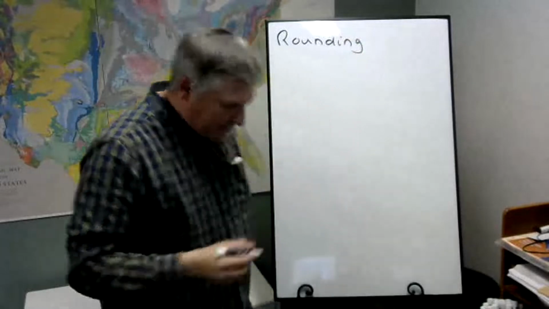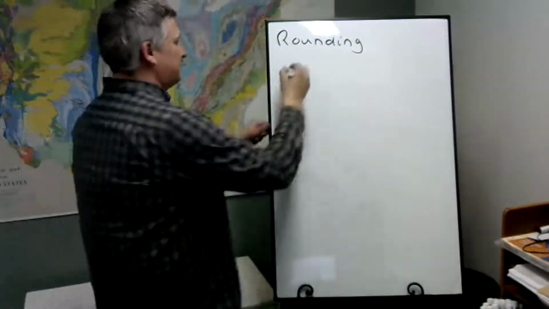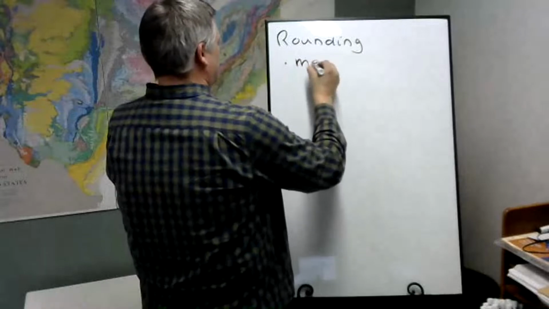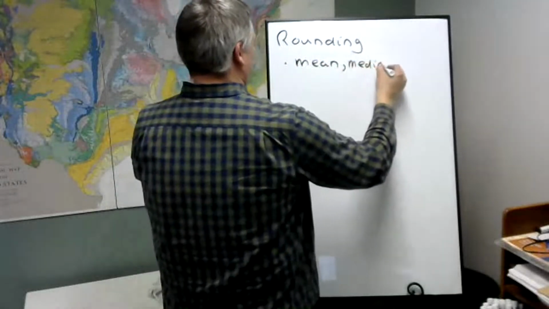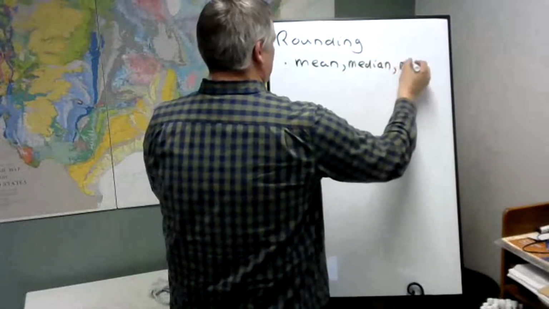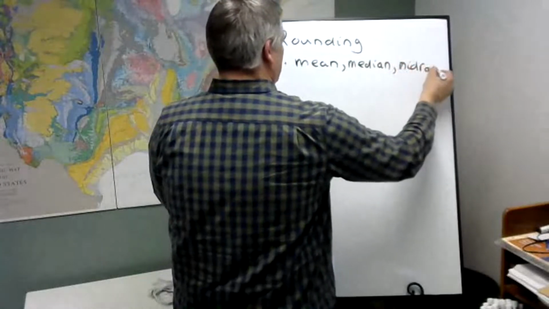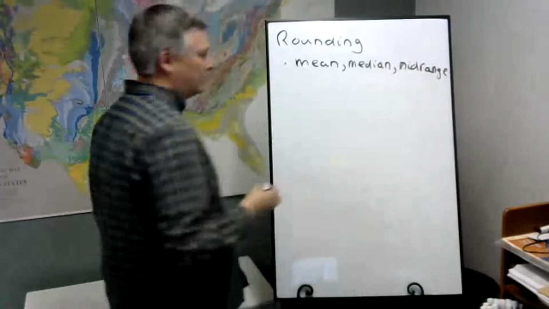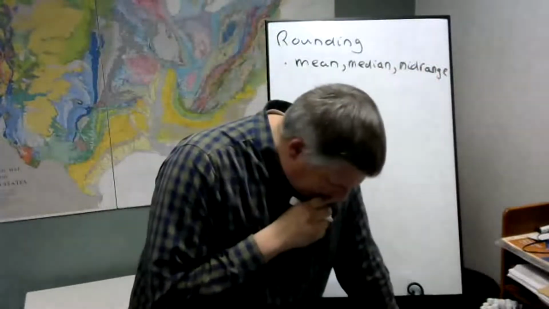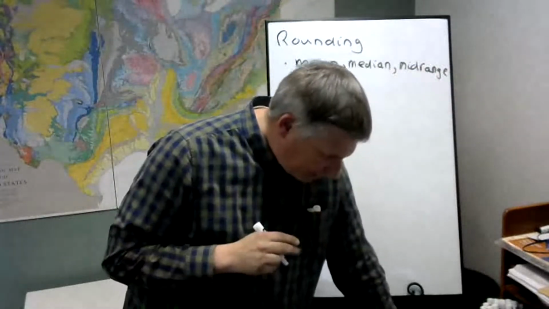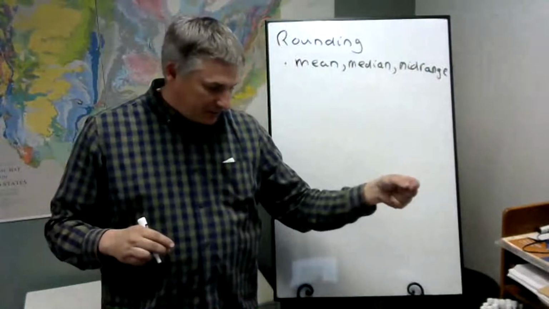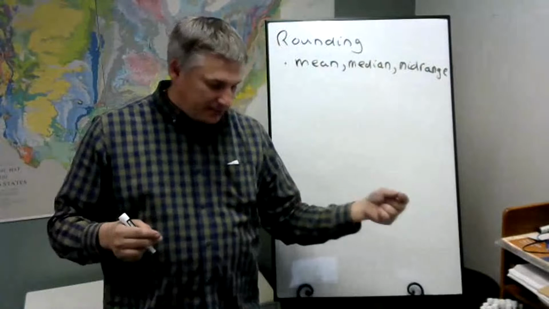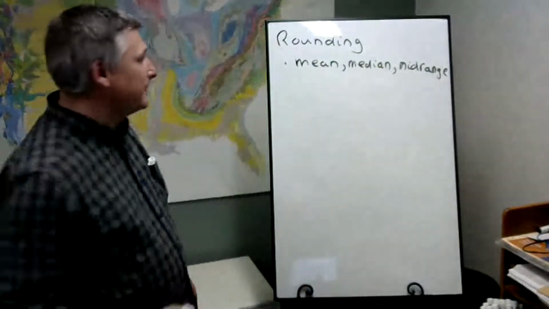So first off, for mean, median, and mid-range, when we round, we want to go one more decimal place beyond the decimal places we see in the original data.